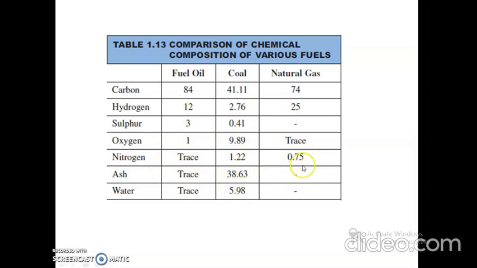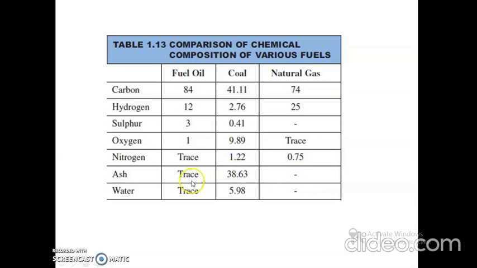For gaseous fuel, you can observe that it is interesting, and as a boiler operator, you must understand which type of fuel you are using. If you are using gaseous fuel, don't worry about ash handling, and any waste that comes out of the furnace is least or negligible, because there is no ash at all in the fuel.